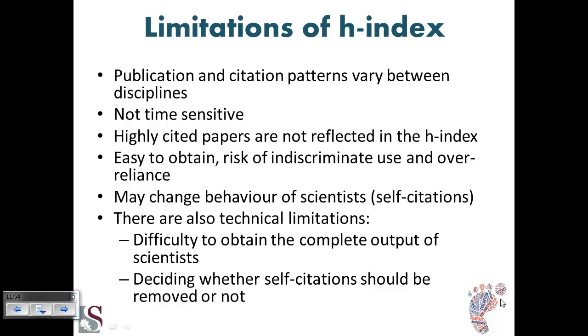The use of the H-index could also provoke changes in the publishing behavior of scientists, such as an artificial increase in the number of self-citations. There are also technical limitations, such as that it is difficult to obtain the complete output of scientists with very common names. It is also difficult to decide whether self-citations should be removed or not.